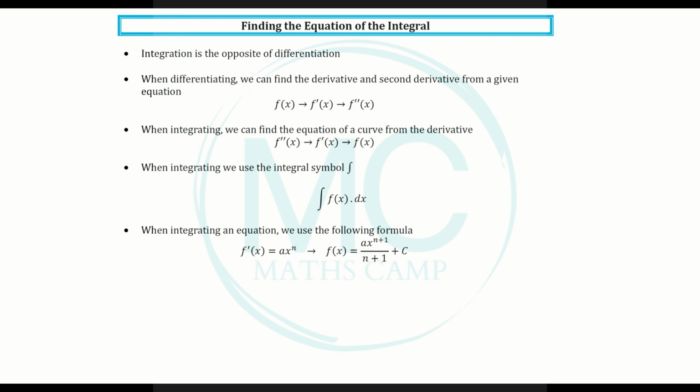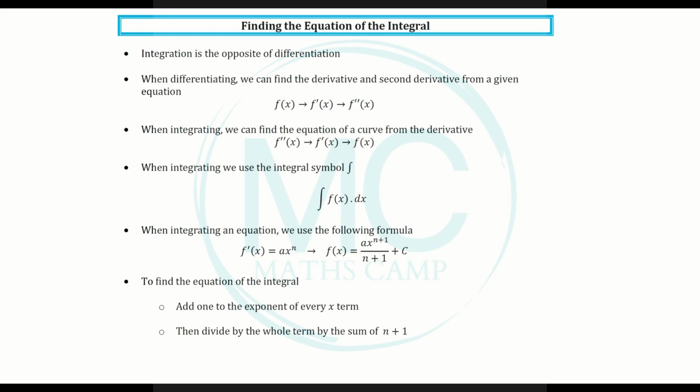When integrating, we use the following formula. To find the equation of an integral, we add 1 to the exponent of every x term. Then we divide the whole term by the sum of n plus 1. Please remember that when differentiating, your x term becomes your constant and your constant falls away.